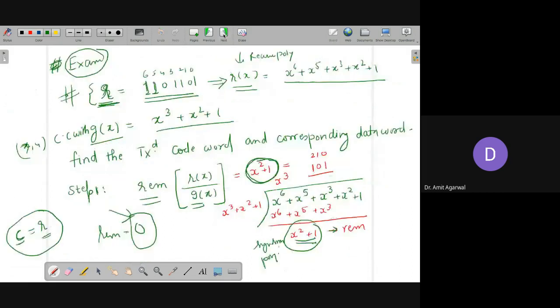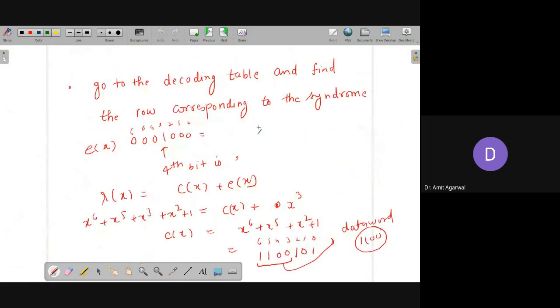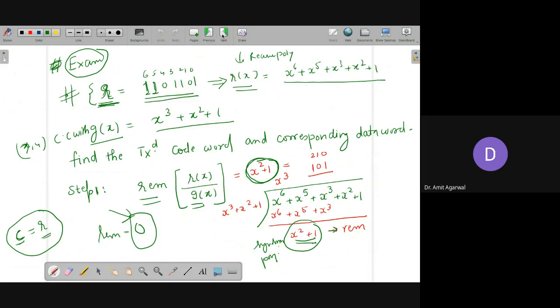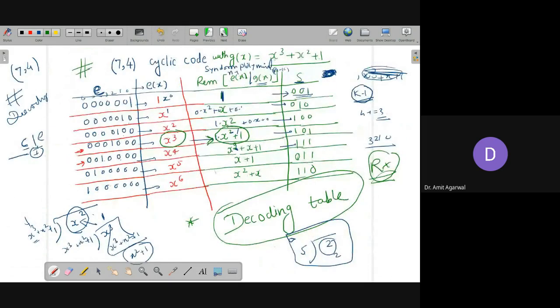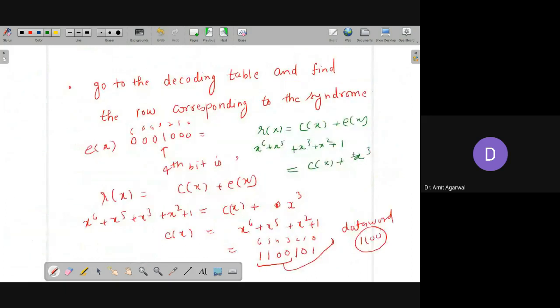So now we say that R(x) is C(x) plus E(x). You know what your R(x) is, and your E(x) now you know is x cube. So just write it here. R(x) is C(x) plus E(x), and the x cube cancels. So what is your new C(x)? Now you know C(x) is x^6 plus x^5 plus x square plus 1.